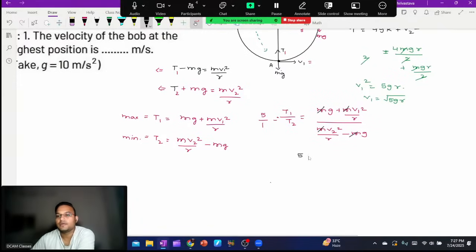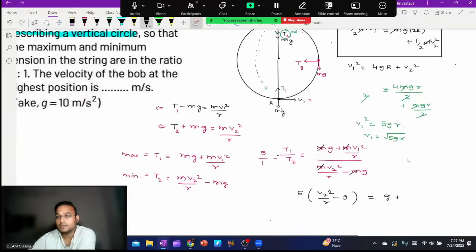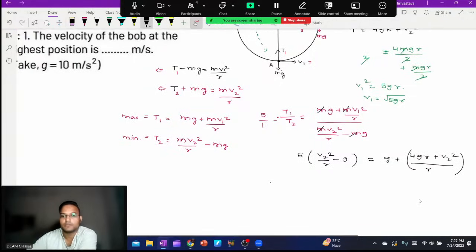So 5 into V2 square by r minus g will be equal to g plus V1 square, which is 4gr plus V2 square, whole divided by r. Shama, understood? Yes.